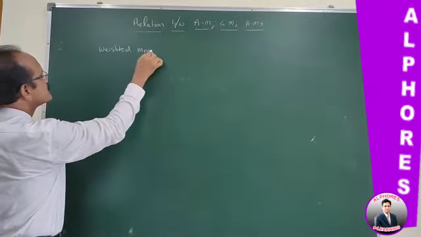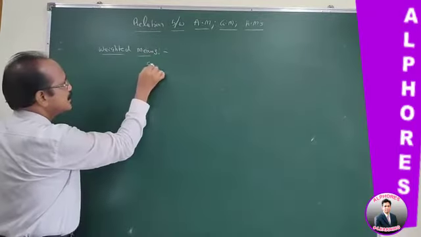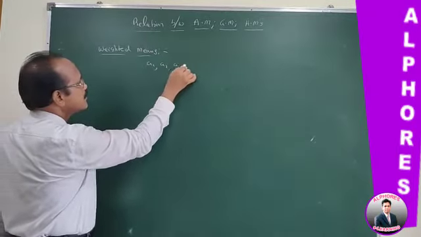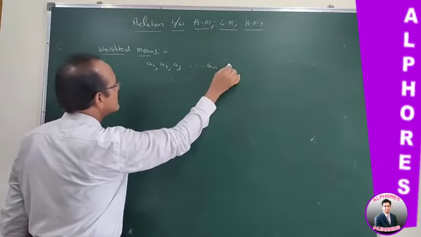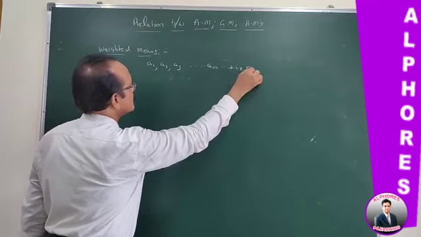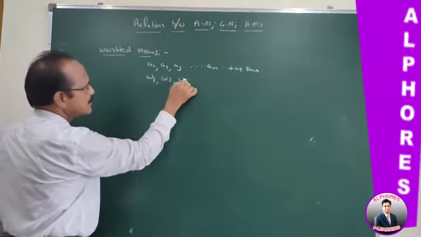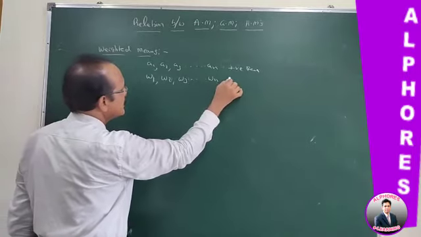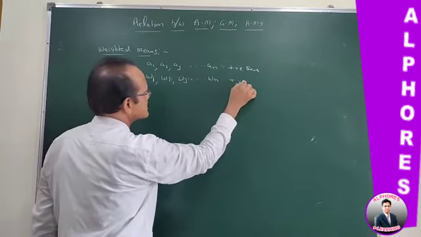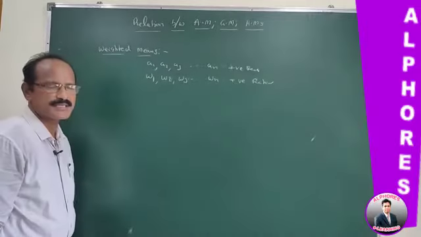Suppose A1, A2, A3, so on An are positive reals, and W1, W2, W3, so on Wn are any positive rationals.